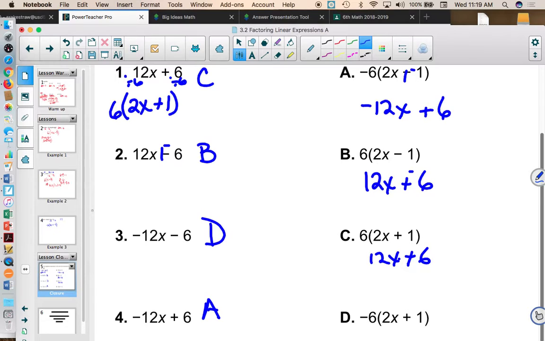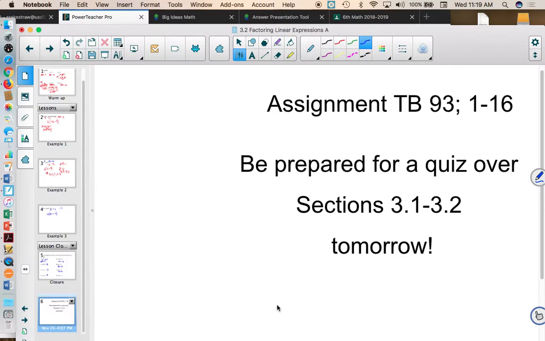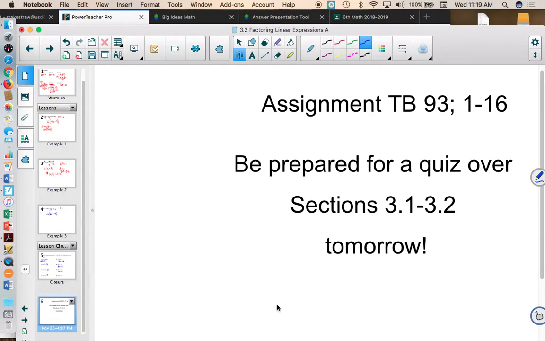Fist of 5. How do you feel about factoring out? Feel okay? I want you to practice it a little. And that's where we have our assignment. Assignment, textbook page 93, 1 through 16.